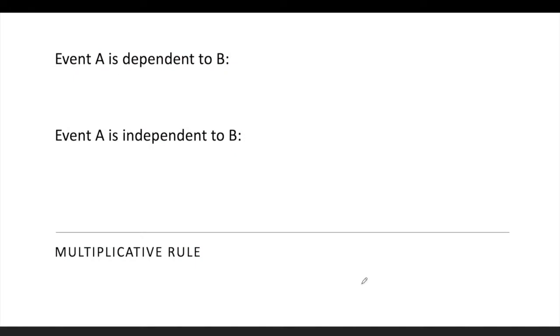This can be defined by the multiplicative rule.